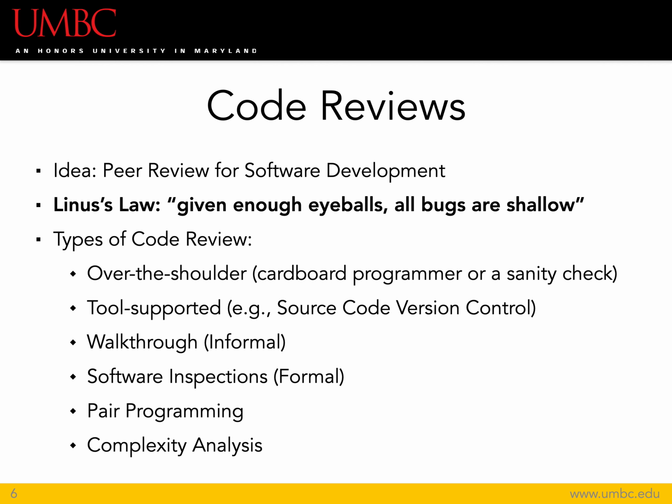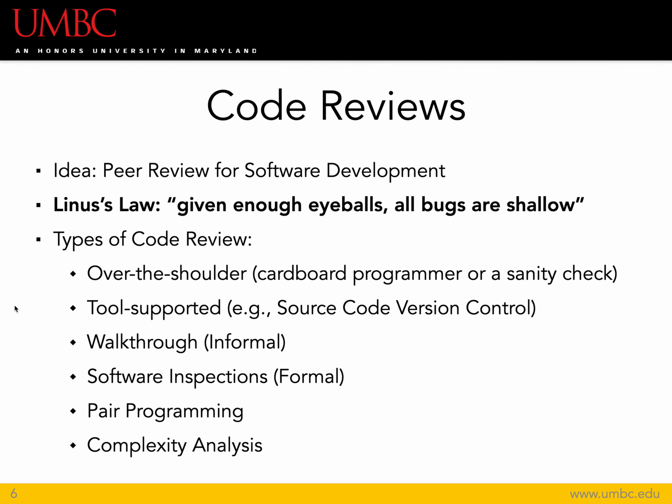Okay, so the first element of code review that we're going to talk about is this notion of an over-the-shoulder system. And I don't have a separate slide for this simply because it is very, very simple. It's a simple sanity check. So most of the time if you work in an environment where other programmers are also working, you can call them over for a quick sanity check of a use of an API or a question about the source code that you're working on.